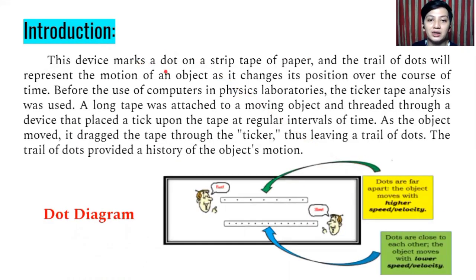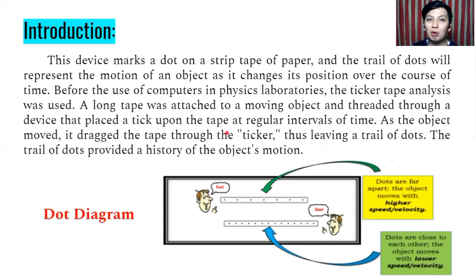So this device marks a dot on a strip of tape, and the trail of the dots will represent the motion of the object as it changes its position over the course of time. Before the use of computers in physics laboratories, ticker tape analysis was used. A long tape was attached to a moving object and threaded through a device that placed a tick upon the tape. So may nagtitik.